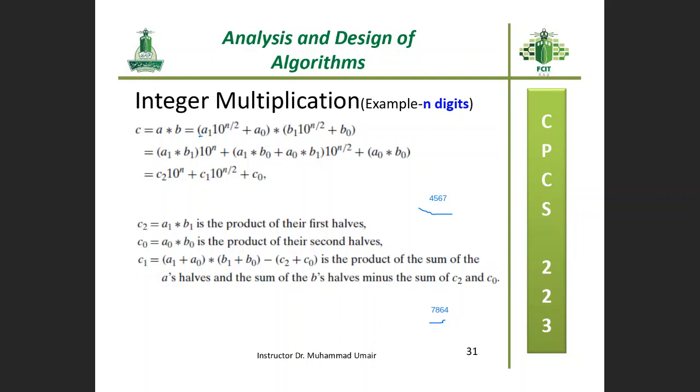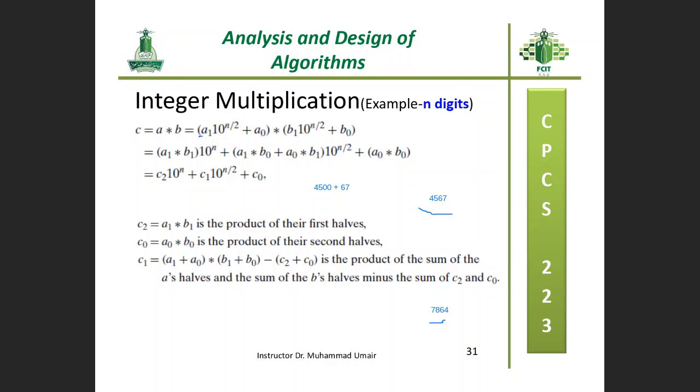Can I write 4567 like 4500 plus 67? Can I write it like this or not?